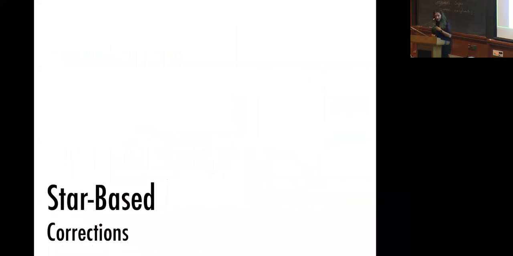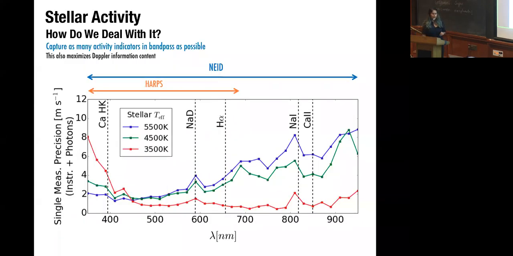Okay, star-based corrections. This is what we've been avoiding talking about. Raphael will talk about this even more, but I'm going to talk about all of the things that you need to measure that your instrument gives you before you can consider very sophisticated statistical processes on them. Our first line of defense is to make our spectrometer bandpass as broad as possible.